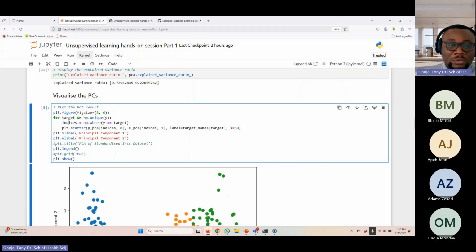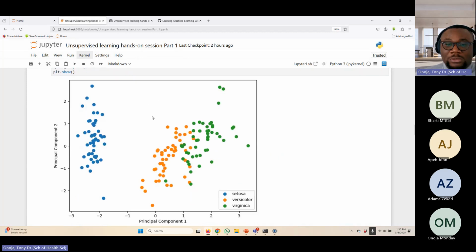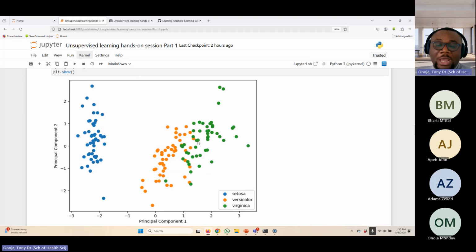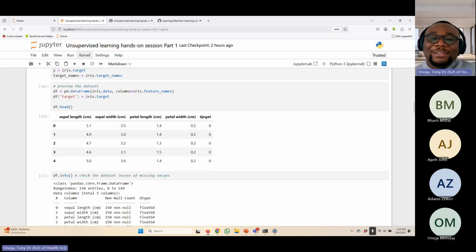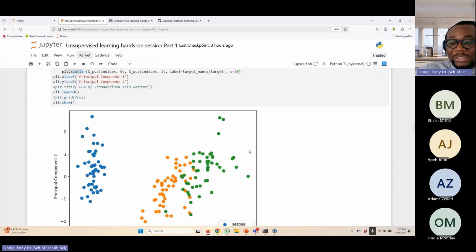So the next thing you could now do is to visualize the dataset. Again, you could use the scatter plot to check the visualization. Now once you fit this, it's visualized, and you could see it did make sense. And then you can color them based on the target. But remember, in this particular example, it is because we did have a target variable. That's why we're coloring it based on this. But in the real world, you may not have the target variable.